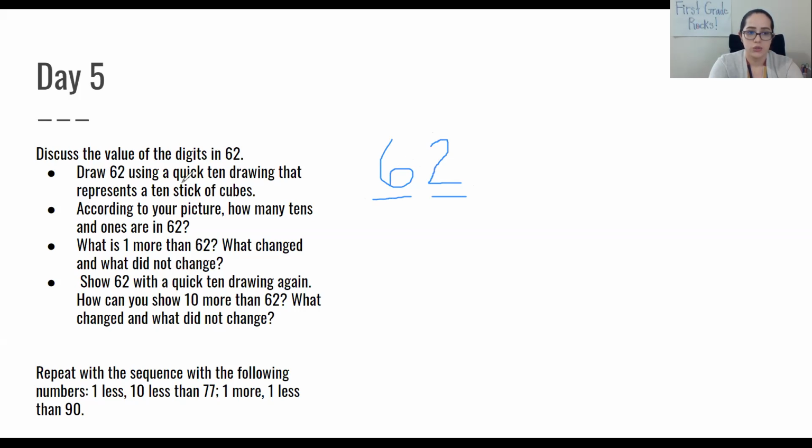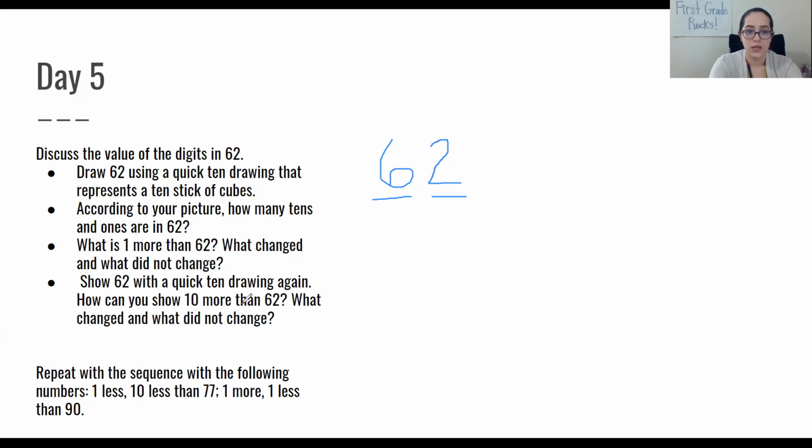You're going to draw 62 using a quick 10 drawing that represents a 10 stick of cubes. Then according to your picture, how many 10s and 1s are in 62? What is 1 more than 62? What changed and what did not change? So which value, the tens place or the ones, changed? Ones place changed. Show 62 with a quick 10 drawing again.